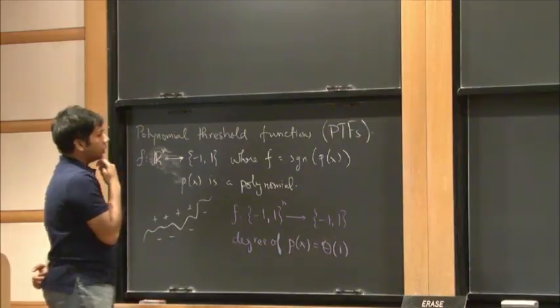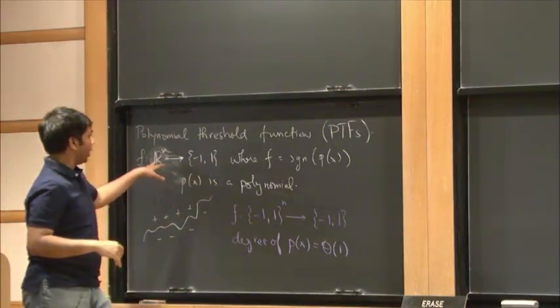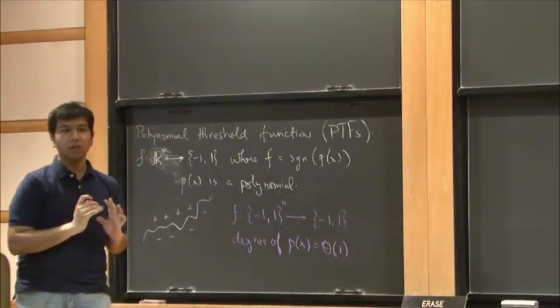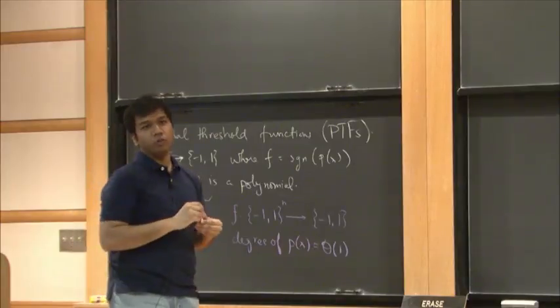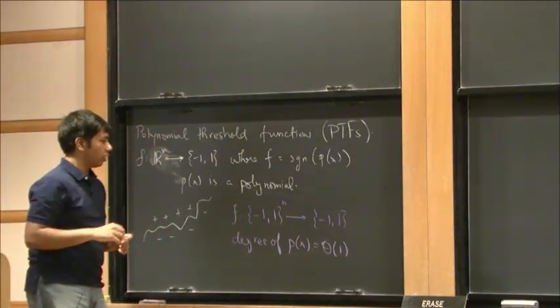And for the first part of this talk, we are going to restrict the domain, instead of the whole of R^n, to the Boolean hypercube, and the underlying distribution will be the uniform distribution on the hypercube, whenever I talk about the distribution.